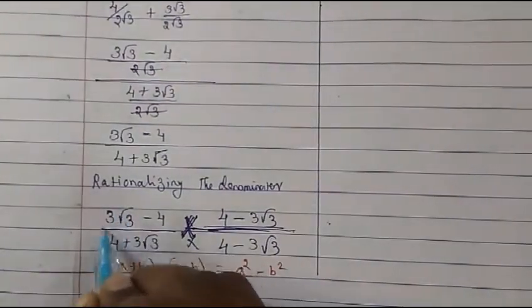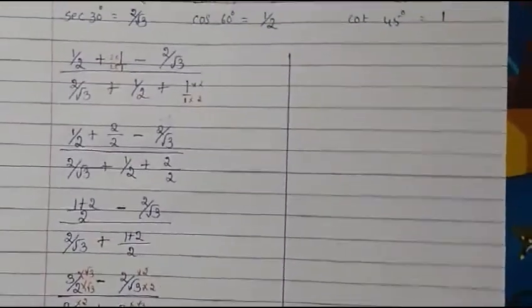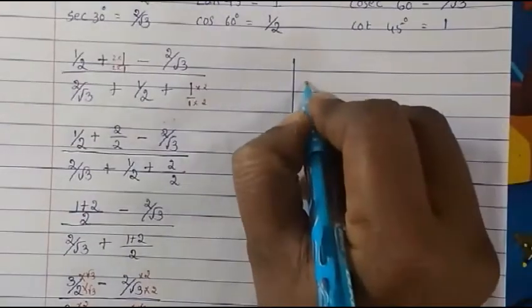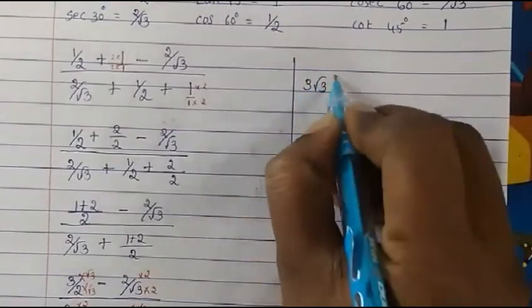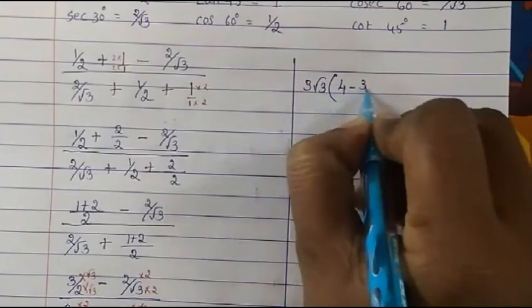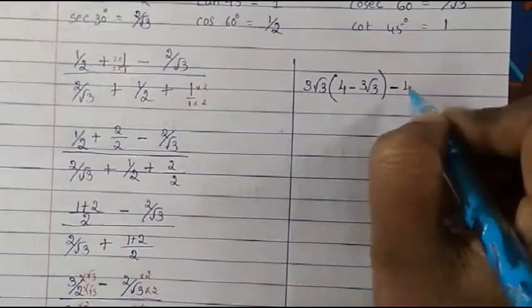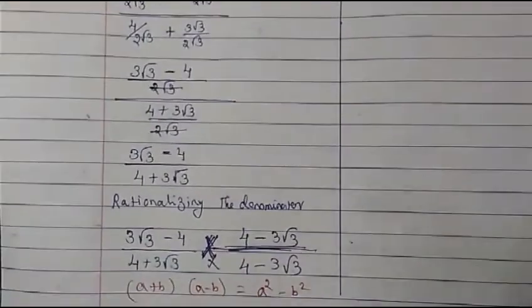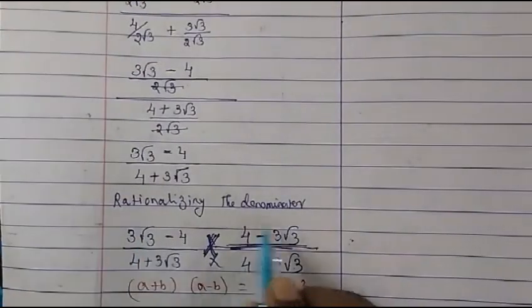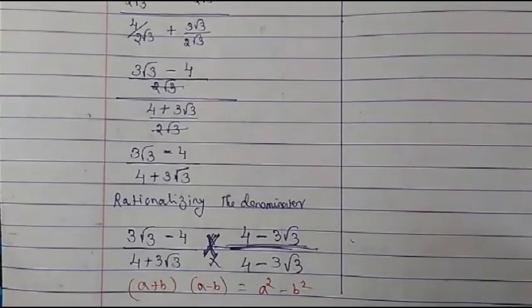So now with this number the whole thing will multiply. So I'll write down here, 3 root 3 multiply the whole thing, that is 4 minus 3 root 3. Okay, now with minus 4, with this whole thing multiply, and with minus 4 whole thing we will multiply.